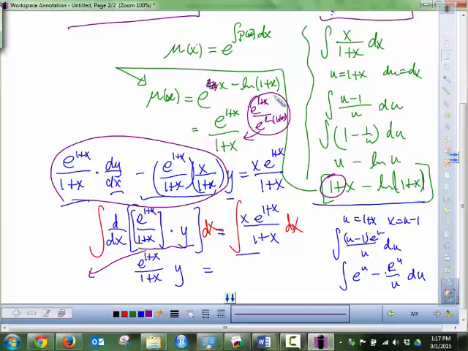And there possibly might be some hope in being able to integrate that a little bit better. So that might be one way to solve for this.